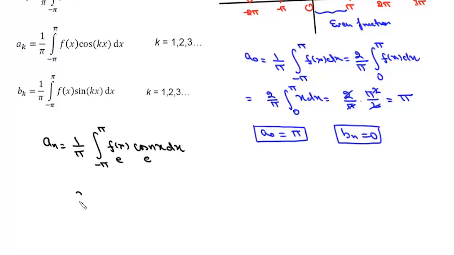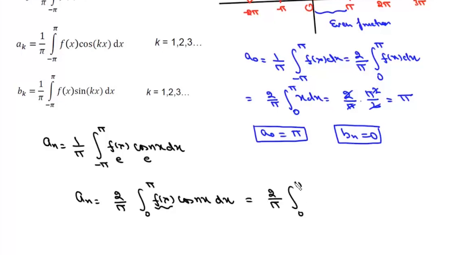So we can write this coefficient an as 2 upon pi, and then the integral from 0 to pi f(x) cos nx dx. Now in between 0 and pi, the value of f(x) is simply x. So we can write this as 2 upon pi, and then the integral from 0 to pi x cos nx dx. Now we'll solve this integral using integration by parts.